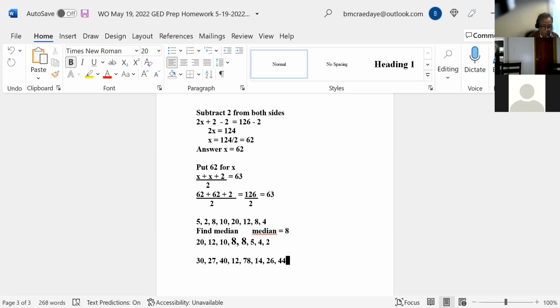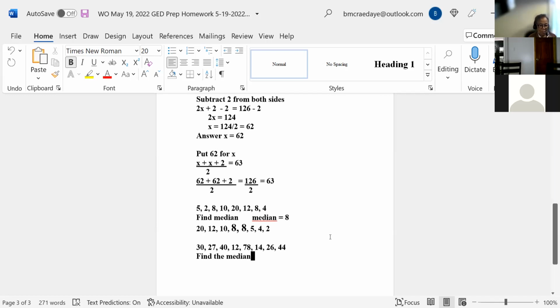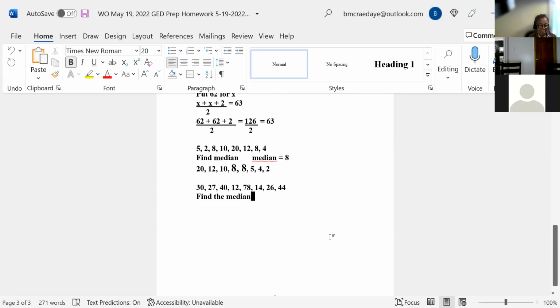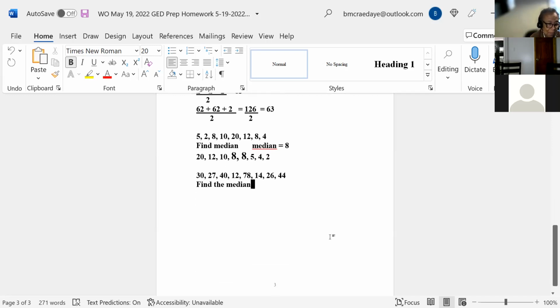Okay, find the median. Put them in order.